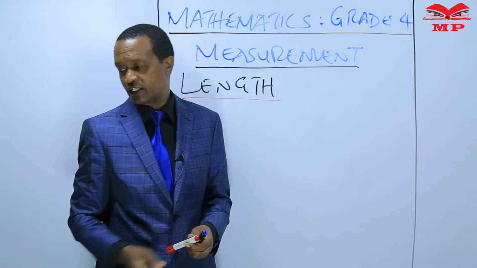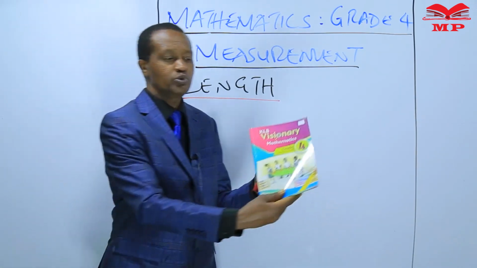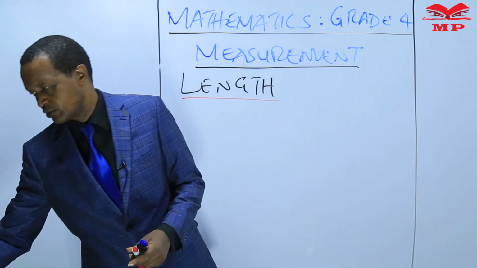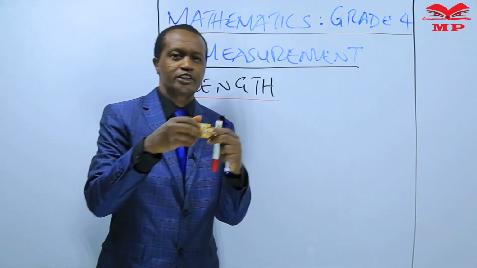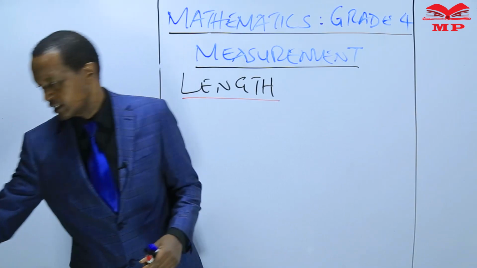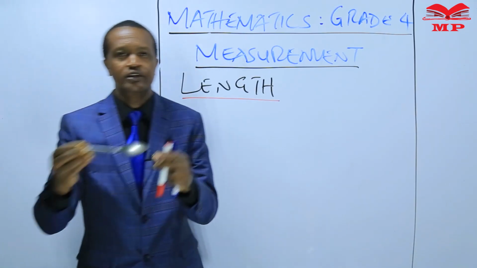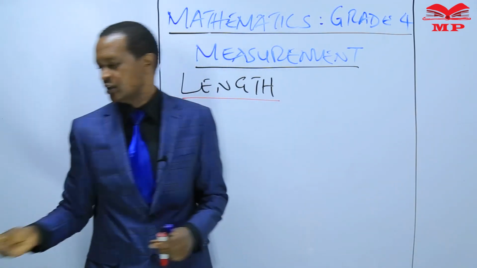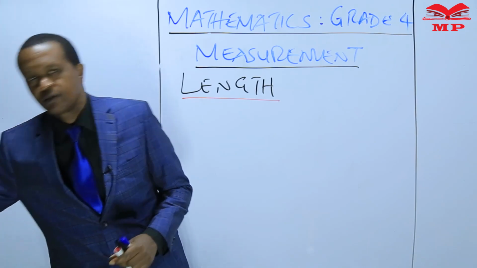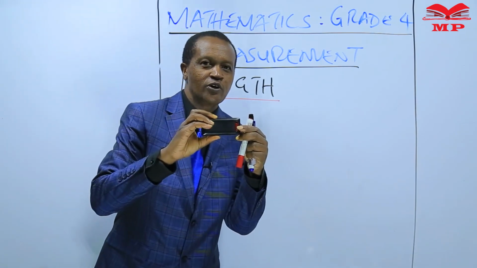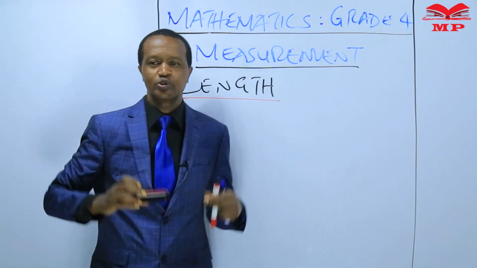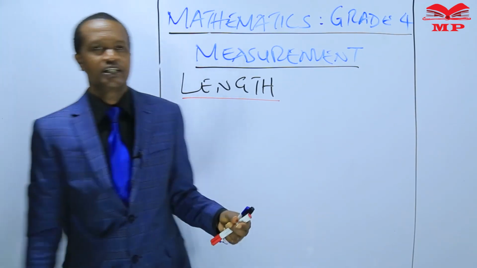We can measure the length of this book. We can measure the length of the matchbox. We can measure the length of a spoon. We can measure the length of a mobile phone. We are going to learn how to measure things.